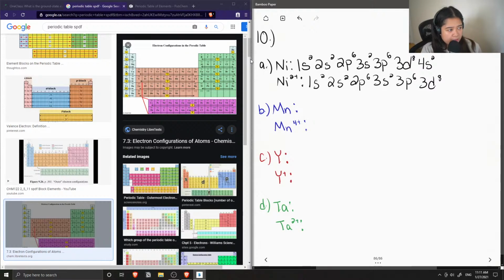Now let's move on to the manganese. So again, we'll find it on the periodic table. Okay, so we end up in 4s. Yeah, so it's right here. Atomic number 25. And we basically just need to do the same thing.